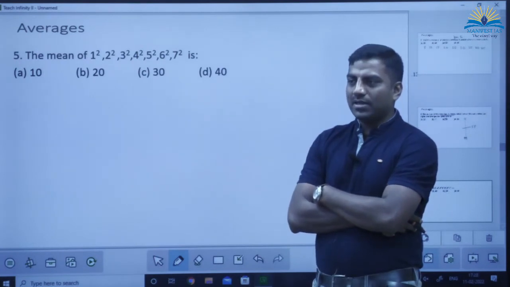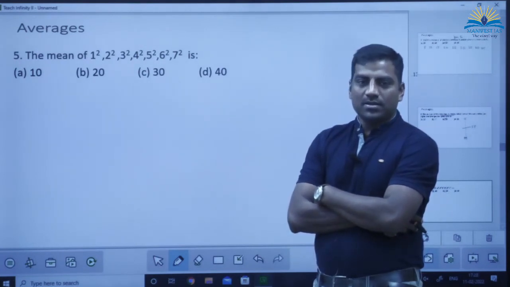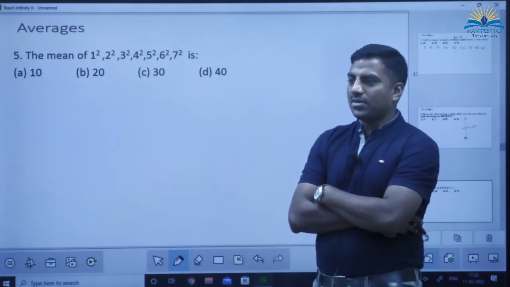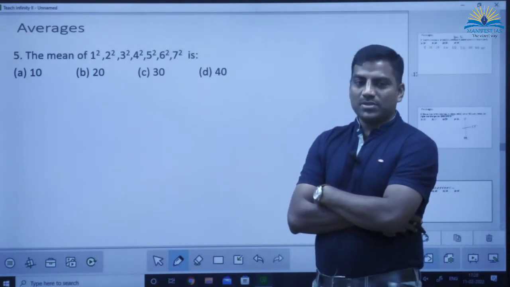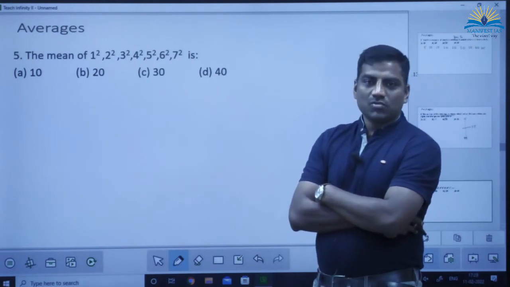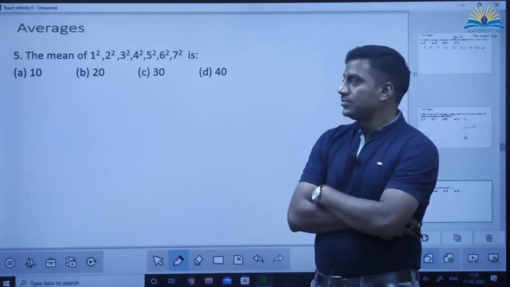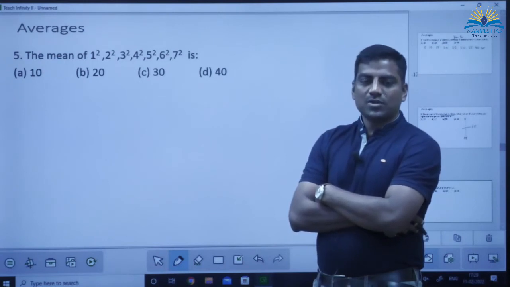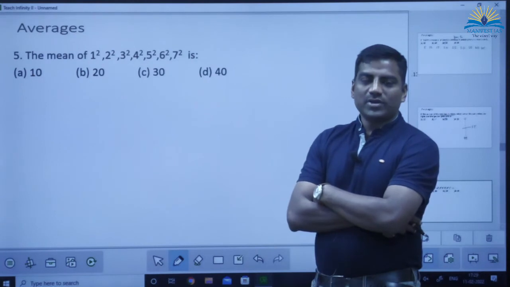Are they in AP? They are in AP. Yeah. What are the values of them? What are the values of them? 1 square is, 2 square, 3 square, 4 square. Are they in AP?